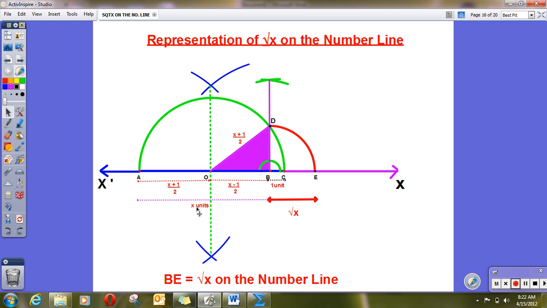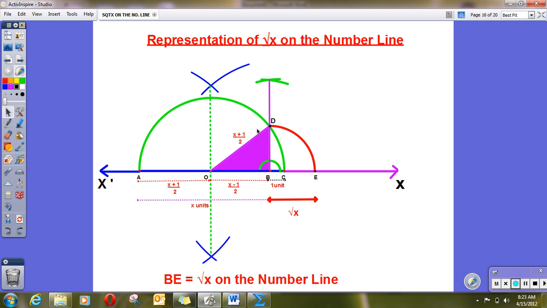That means if we subtract (x plus 1)/2 from x, we will get the measure of OB, which is (x minus 1)/2. Here we have OD, which is nothing but a radius, which is also equal to OA. That means if OA is (x plus 1)/2, OD will also be (x plus 1)/2.